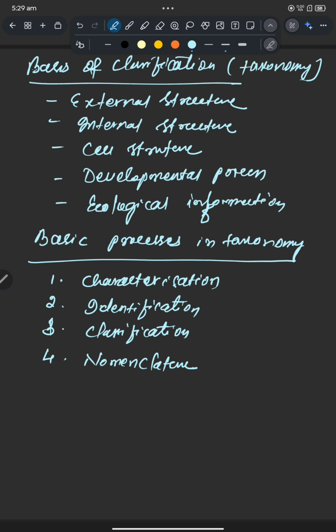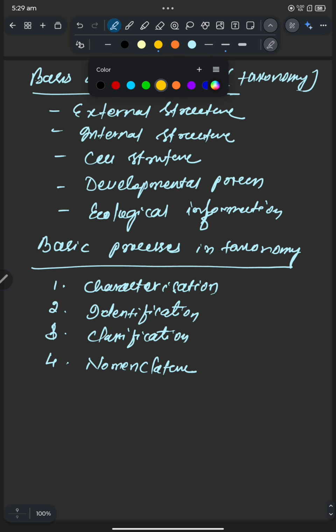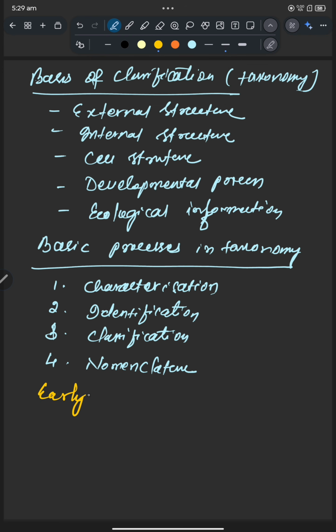Now come to the early classification. We will discuss the classification process. The ancient humans classified the organisms based on food, clothing and shelter. So that was the early classification. But later on, systematically the organisms were classified.